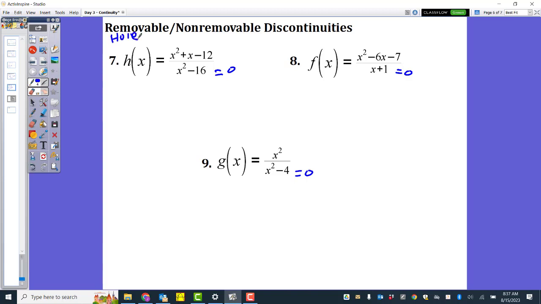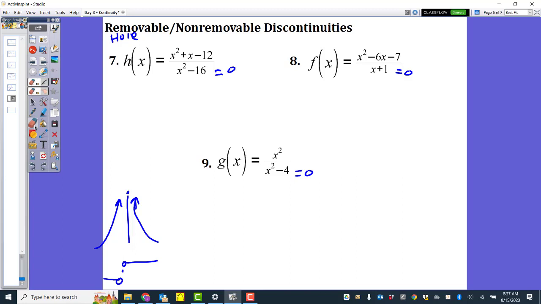Non-removable discontinuities are places where that can't happen, where even when a point is put there, it would not be continuous. So something like an asymptote would be non-removable, or something like this, which we've seen in class before. There's no point you can put here that would make this continuous, and no point you can put here that would make this continuous.